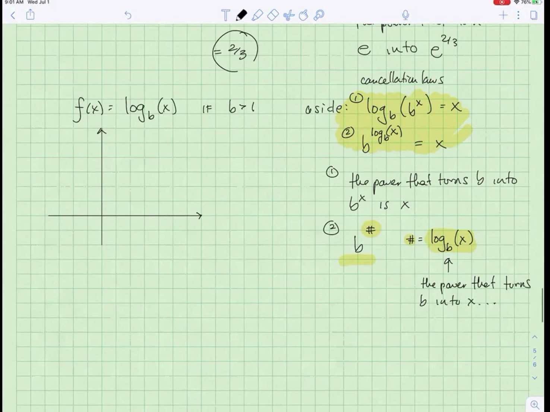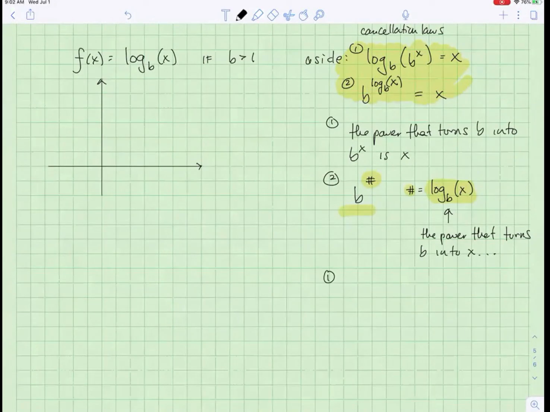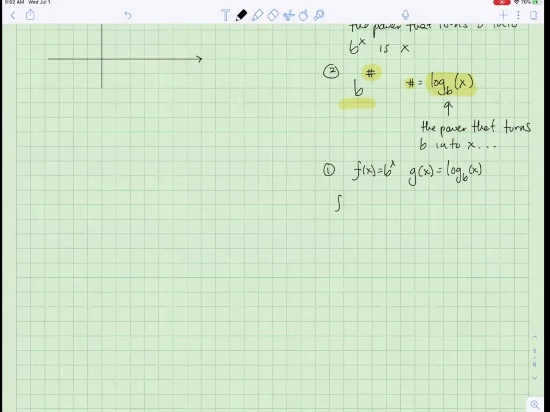And what this actually means, and you might note here, for number 1, if f of x is equal to b to the x and g of x is equal to log base b of x, then g of f of x, which is log base b of b to the x, equals x in all cases.